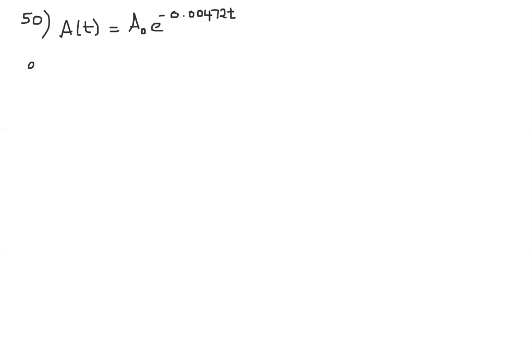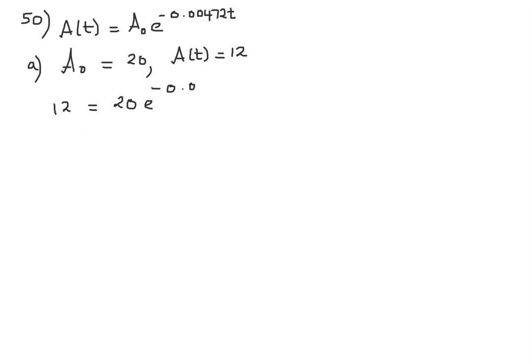So the first problem: if there are 20 grams present initially, that means A0 is given as 20. And then when will there be 12 grams? That means A of t is given as 12. Now we have to find the t, so plug it in. So it's going to be 12 equals 20 times e to the power.